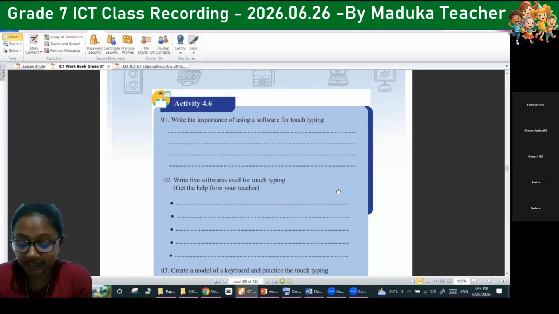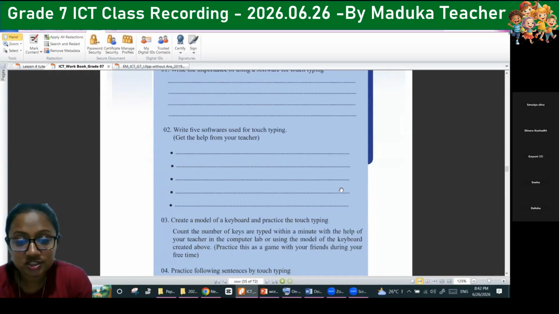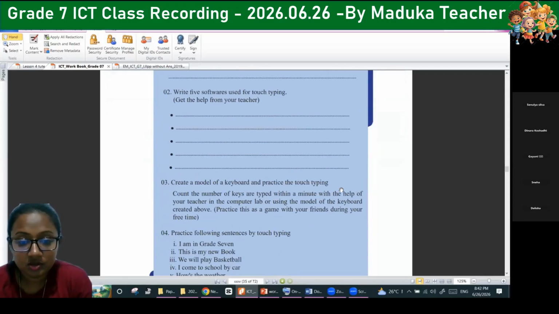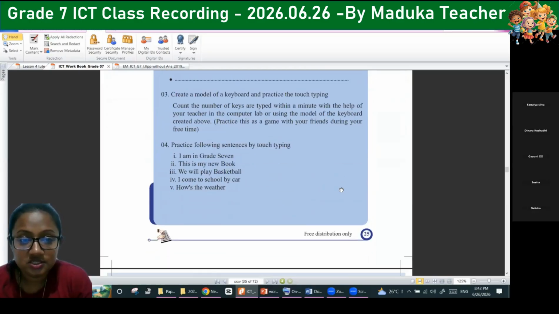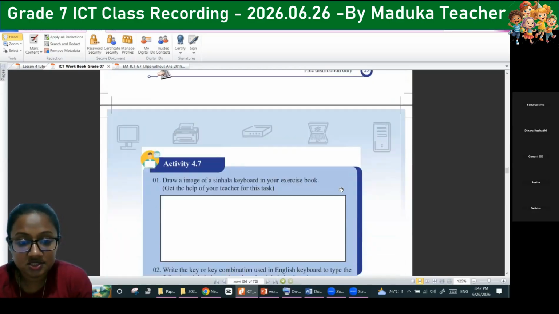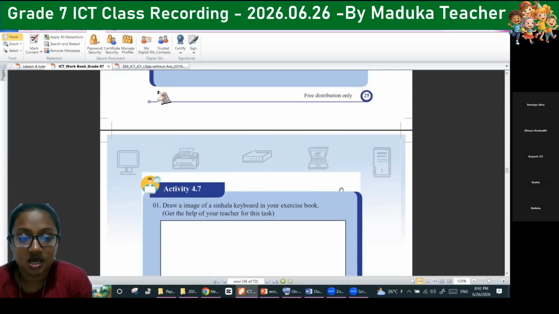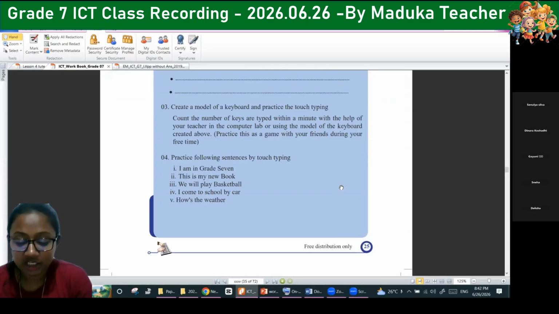Then go to activity 4.6. You can do the first question, second question, third question, and fourth question. Do activities 4.4, 4.5, 4.6.